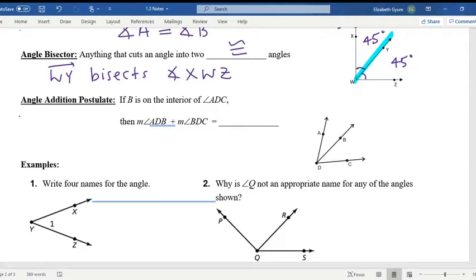Then the measure of angle ADB plus the measure of angle BDC is going to give us our whole angle.